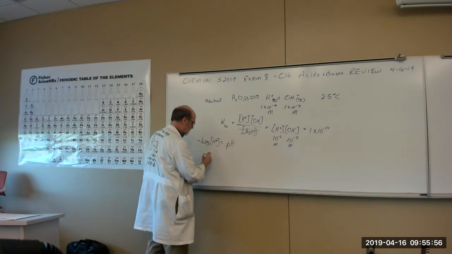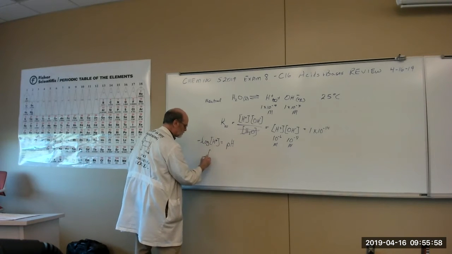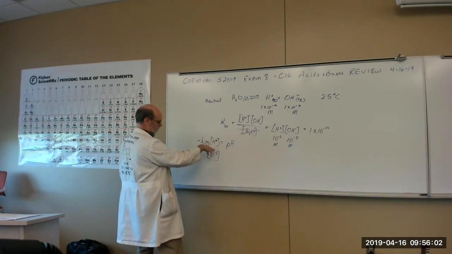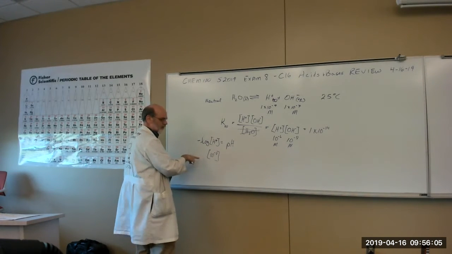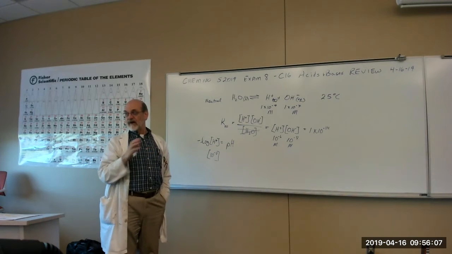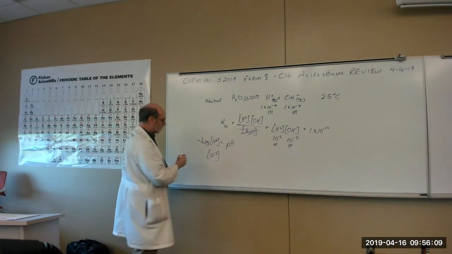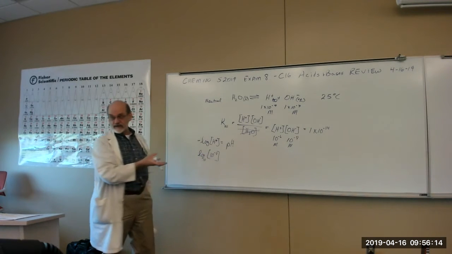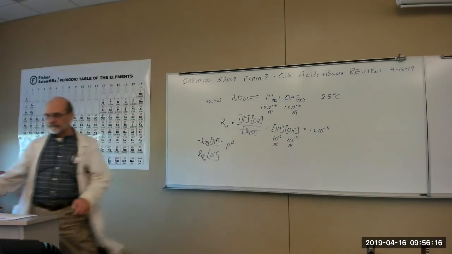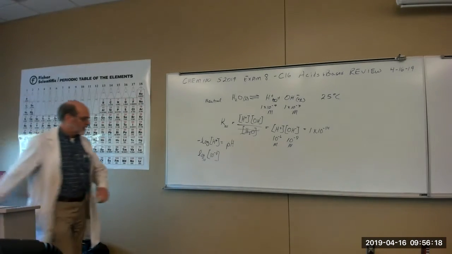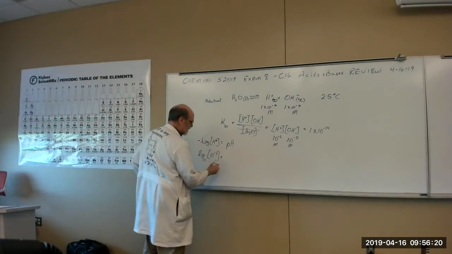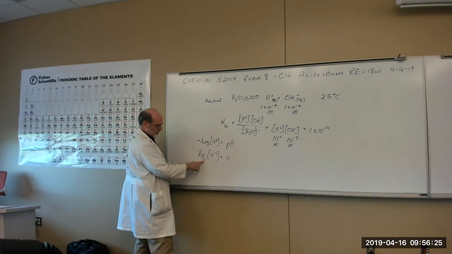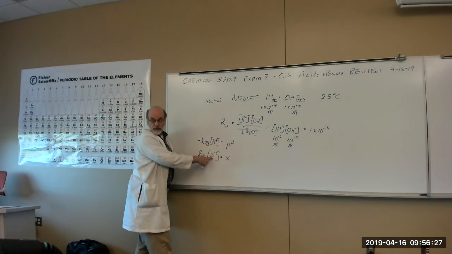So let's see what would happen. If we had neutral solution, 10 to the minus 7 for this one, then the log of 10 to the minus 7th is what? Minus 7. Because the definition of logarithms, in this case base 10, says that this value is the power of that number that equals this number.